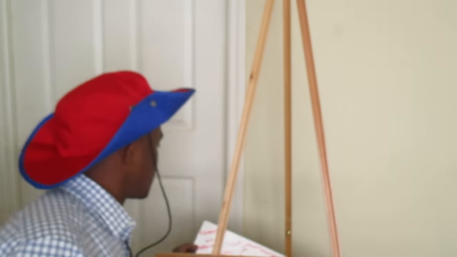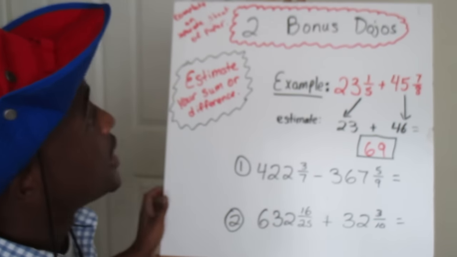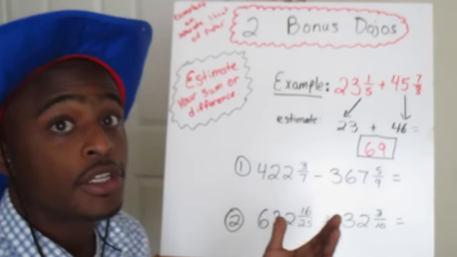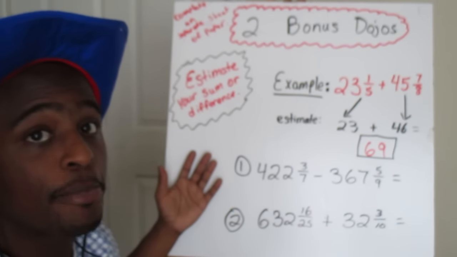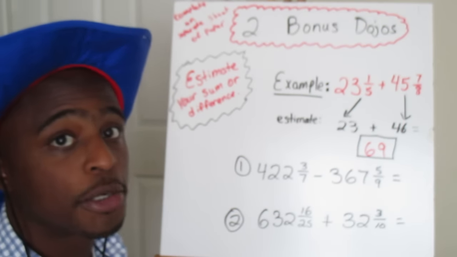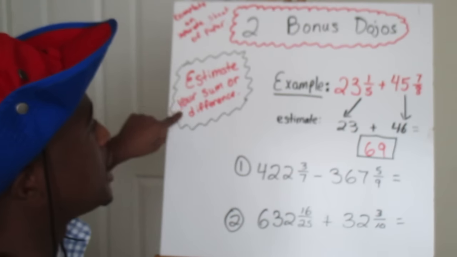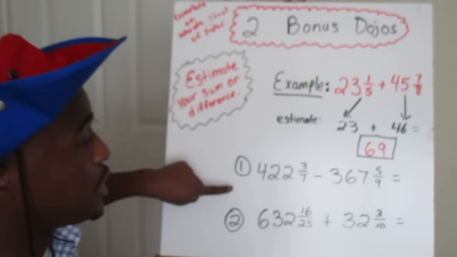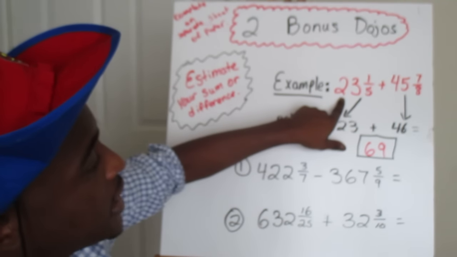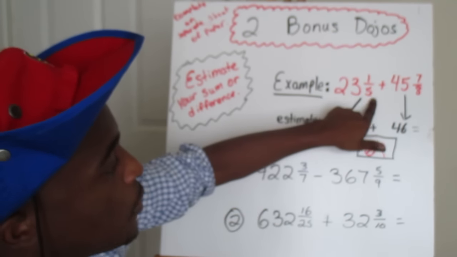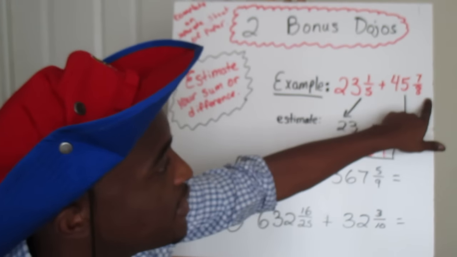All right. Now, if you want to earn 2 bonus dojos, I want you to complete this on a separate sheet of paper and bring it in with your notes tomorrow. The only thing I want you to do is estimate your sum or difference. There's only 2 problems, and I included an example to help you. Here in the example, I had 23 and 1/5 plus 45 and 7/8.